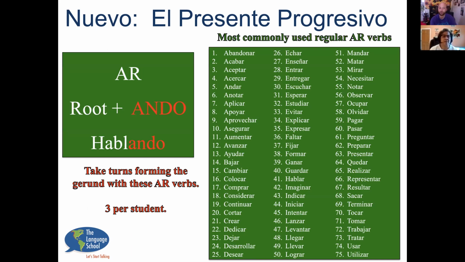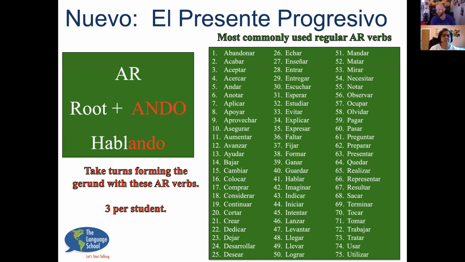Now, AR verbs. To form the ing version of the verb with AR verbs, we take away the AR ending and then we add ando to the root. Hablar is an example: we take away the AR ending, just like in regular conjugation, and add ando, hablando.